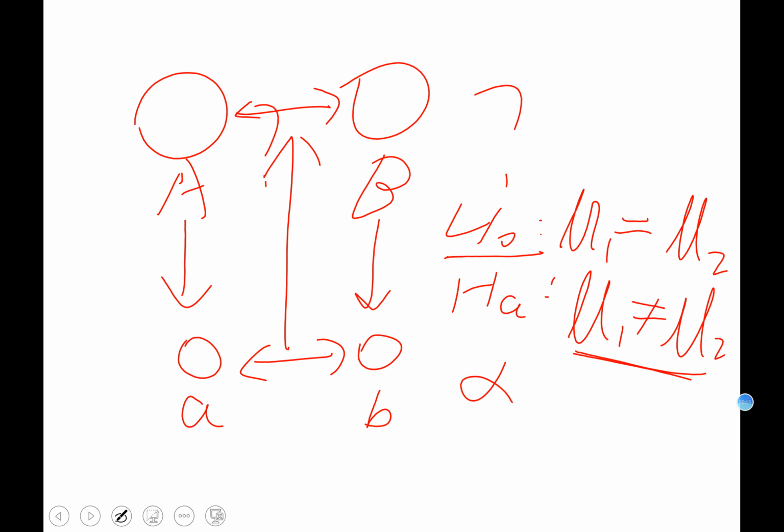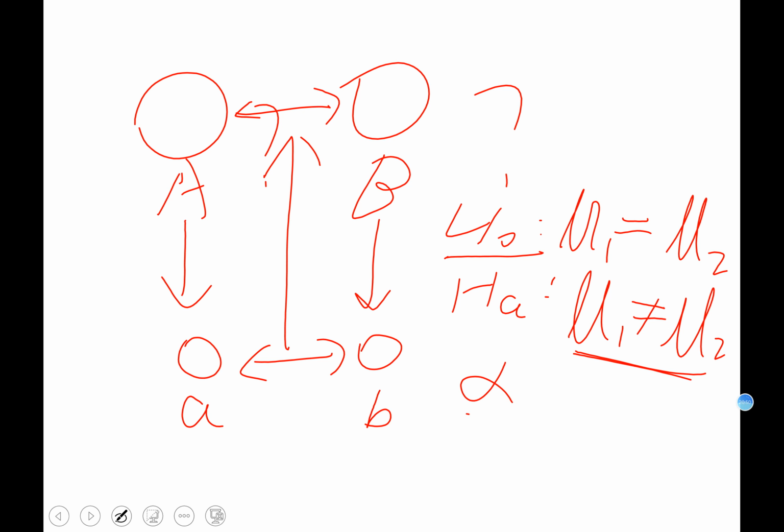So we need a standard value. That means if the probability of H0 is less than that standard value, we can reject H0, because that situation has a very, very small probability to happen. So that means we don't believe that H0 can happen, so we need to reject H0.